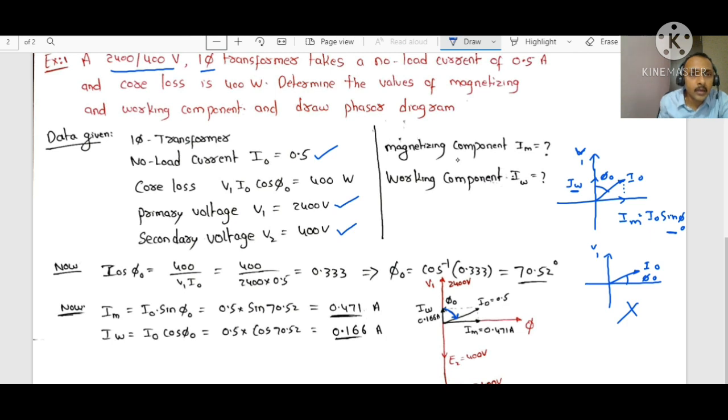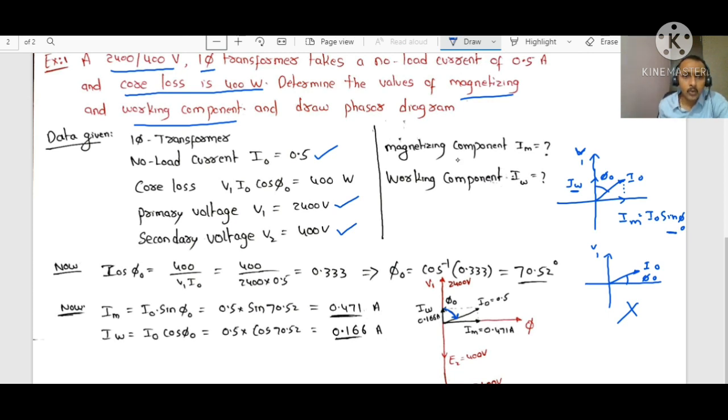The core losses are given. The core loss is 400 watts. Determine the values of magnetizing and working component. I repeat again, it is simply resolving the I0 into horizontal and vertical components.